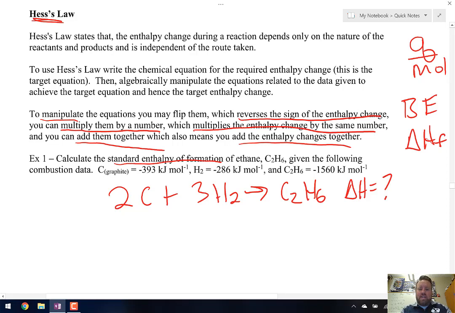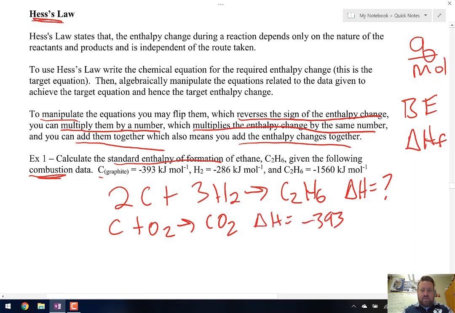They're giving us the following combustion data, which means that when you react those things with oxygen, you get some type of product. So we have to figure out those equations as well. When you combust carbon with oxygen, you get CO2, and the enthalpy change for that reaction is -393.